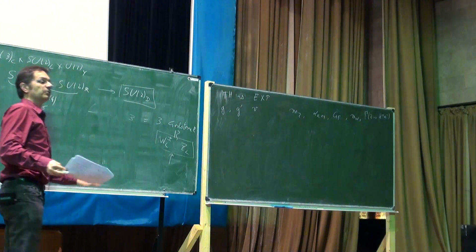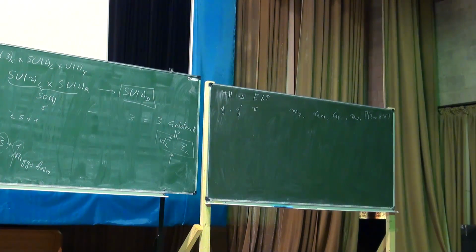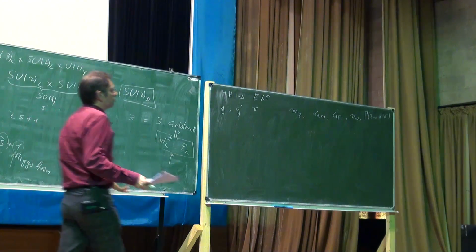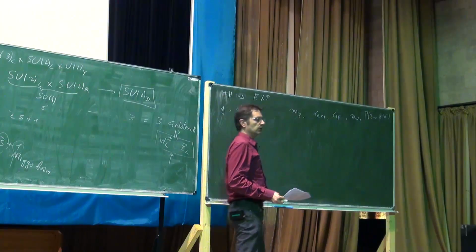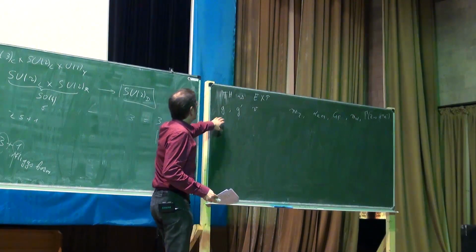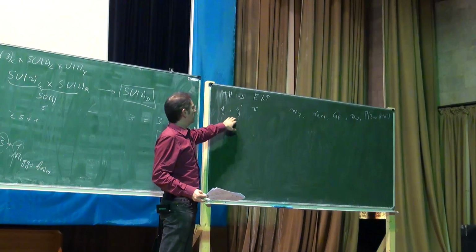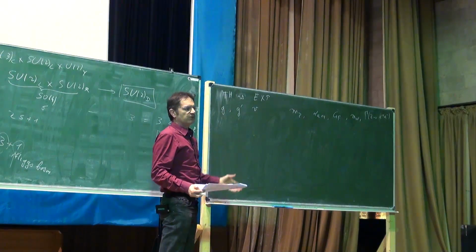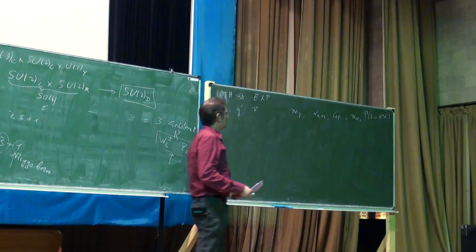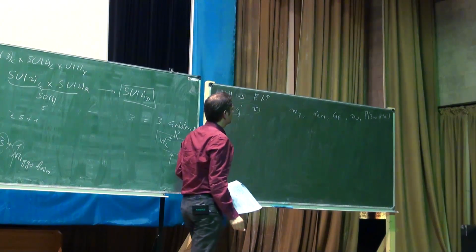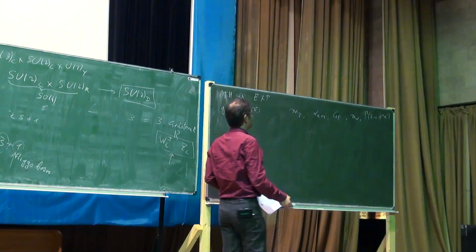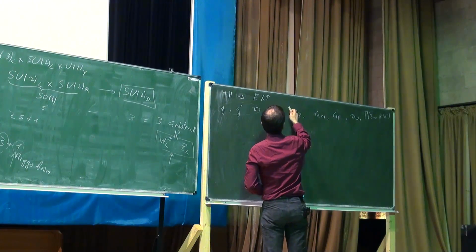So this means that in principle, you get some predictions. Now what you want to do is to test those predictions. Those input parameters are not physical observables. So what you do is that you identify those input parameters in terms of 3 observables. And usually, you take the 3 best known observables, which are those.